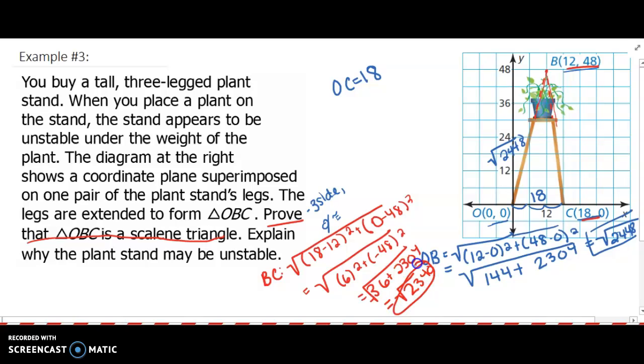So as you can see, this is a different number than this, which is a different number than this, and therefore we do have a scalene triangle. And because this is a scalene triangle, guys, it would make sense that this is kind of wobbling, because these two legs right here are different lengths.